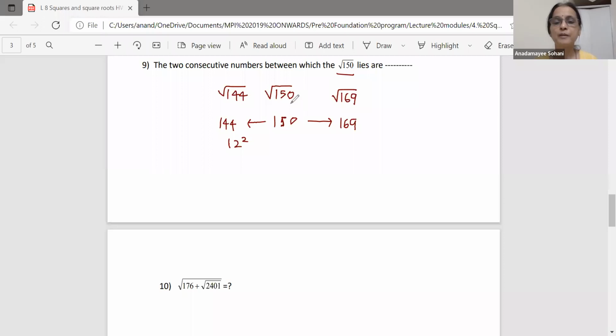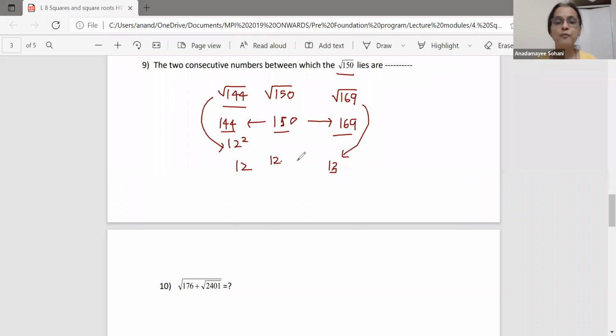So root 150 lies between root 144, that is 12, and root 169, that is 13. So root 150 will be 12 point something something.